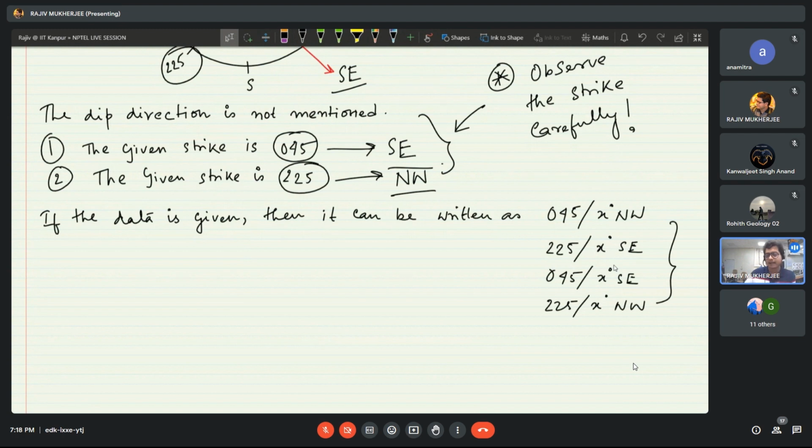If it is mentioned, then it can be any of the four combinations from these.